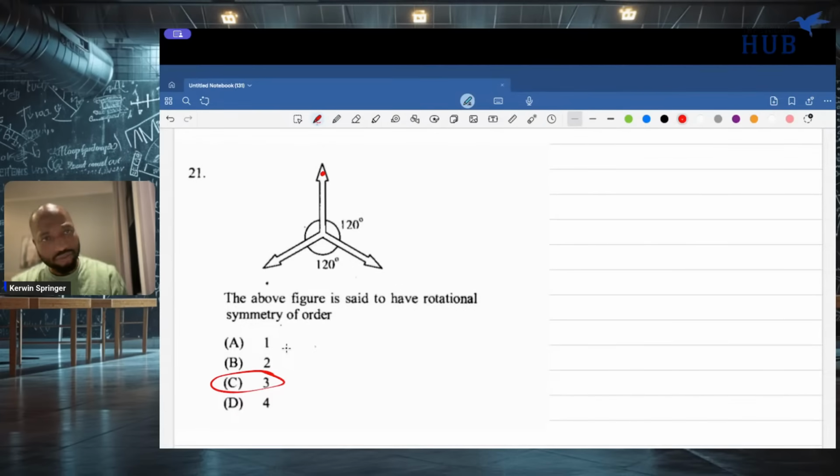I can always be a little confused with rotational symmetry, whether it's 3 or 2, because I remember in my early days of teaching this beautiful subject of mathematics, there was a situation either in CXC or some one of the literature where they don't include the first iteration, if you will. So like it's order 2 now. But that would make sense for something that has no rotational symmetry.